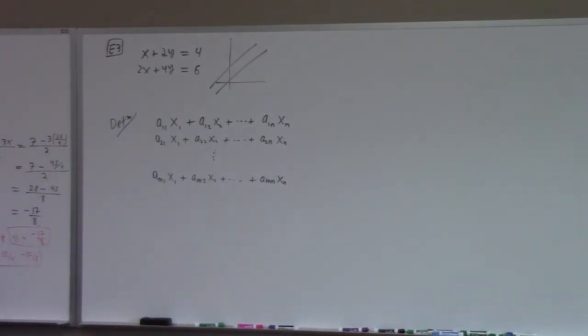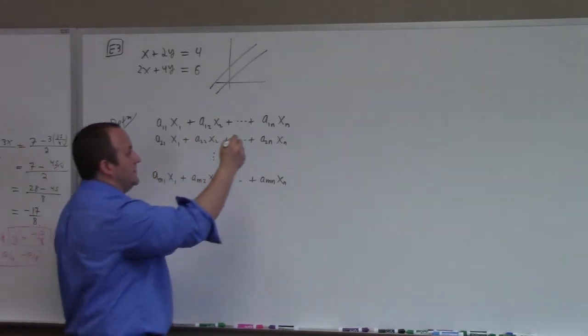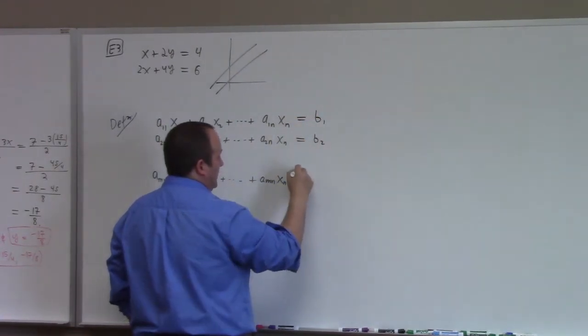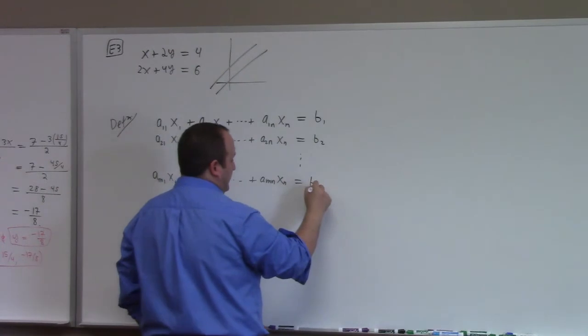But at the moment, these are just linear combinations. I haven't made them into honest-to-goodness equations yet. So let me say this is equal to b1, this is equal to b2, and so forth on down the line until we get to b sub m.